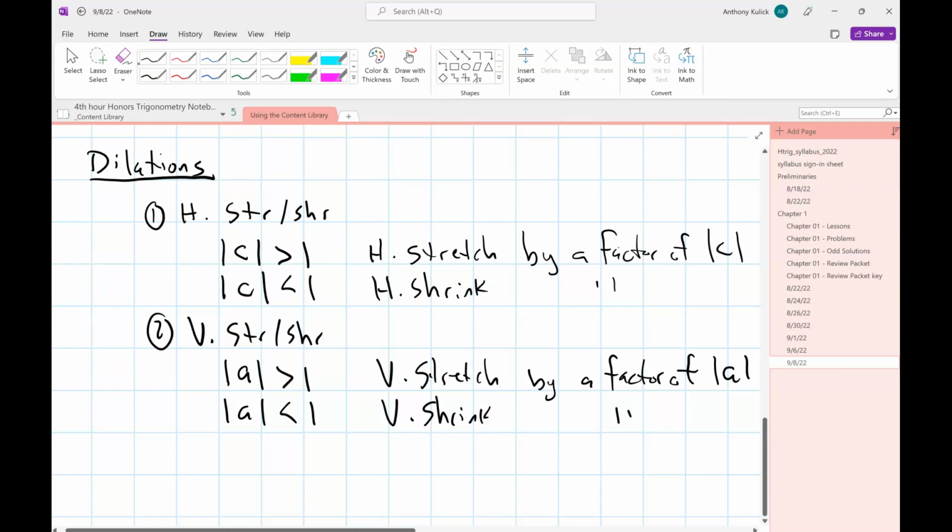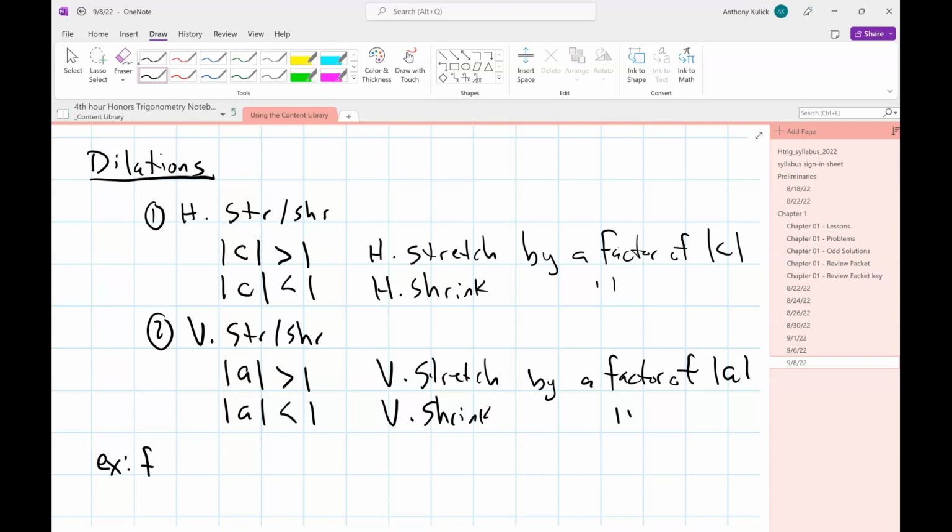So notice that I don't include the case where the magnitude of A or C is exactly 1. Why not? No dilation occurs, right? That's the null case where nothing is happening. Right?